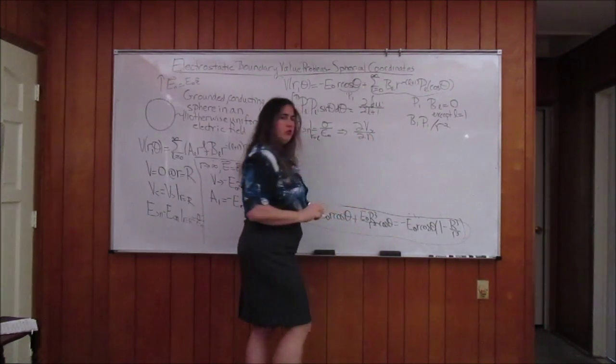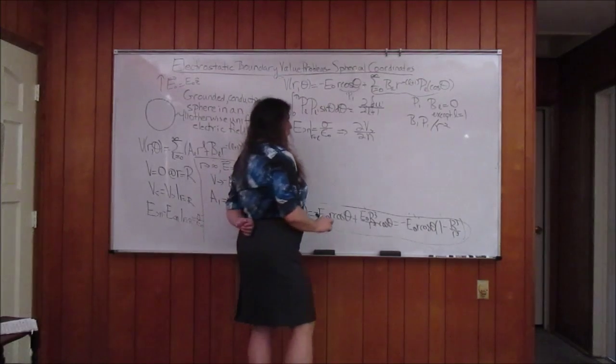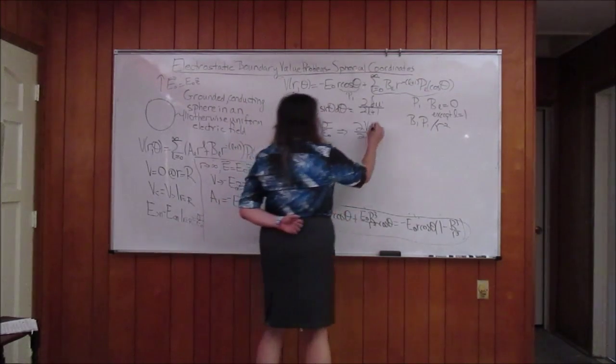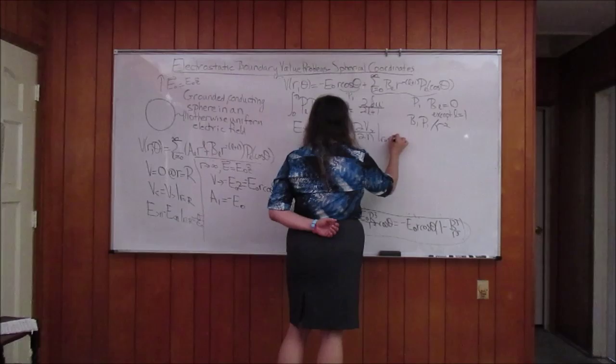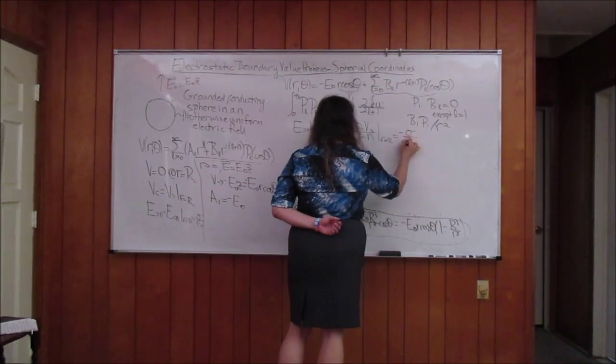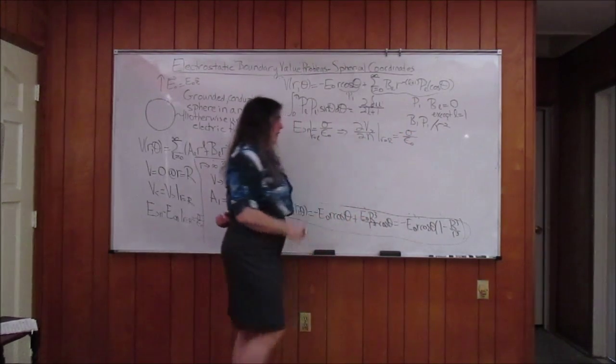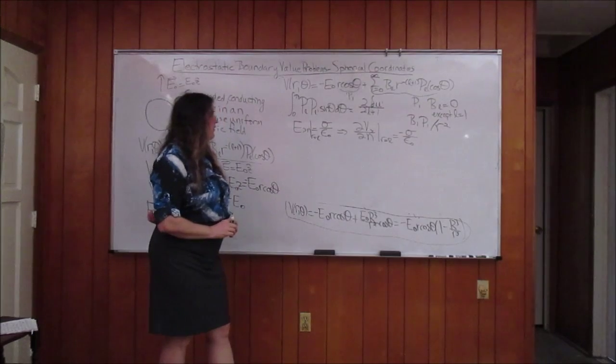That means the partial derivative of the exterior potential with respect to the normal, evaluated at the surface of the sphere, is equal to minus sigma over epsilon naught.